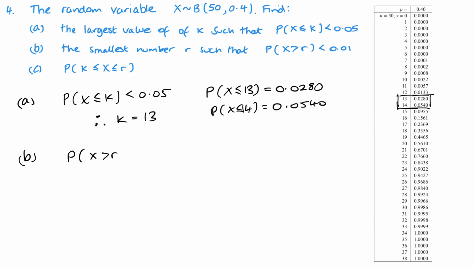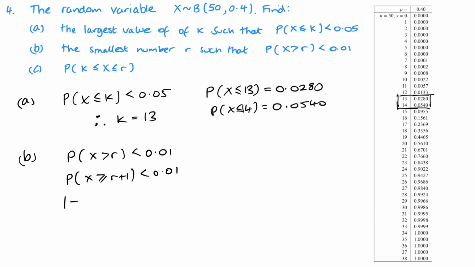So we're looking at the probability that x is greater than r is less than 0.01. What I want to do here is take this in a few steps. So we would want actually greater than or equal to. That's what I'd be thinking of. So that's going to be 1 more than that value of r. But of course, our tables don't give greater than.